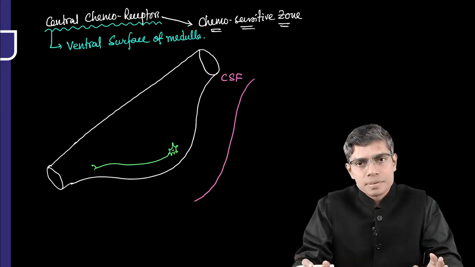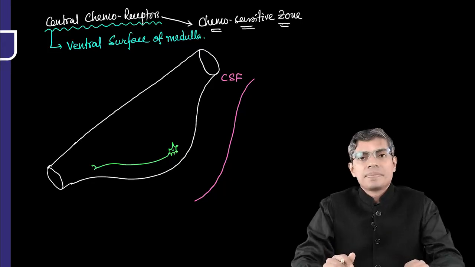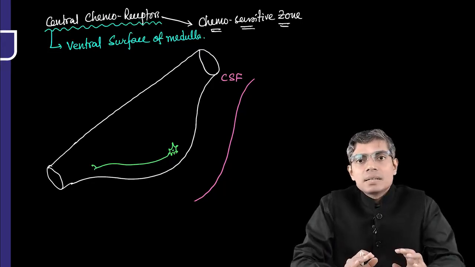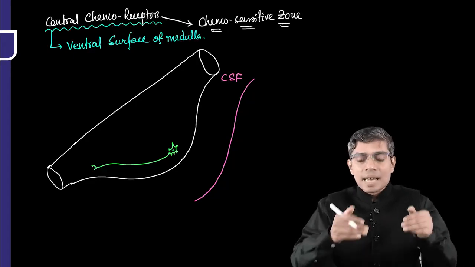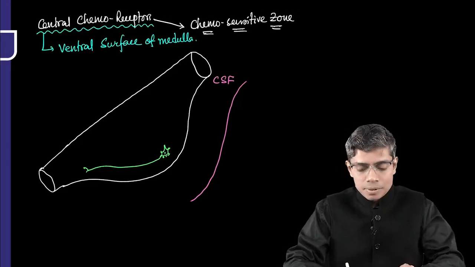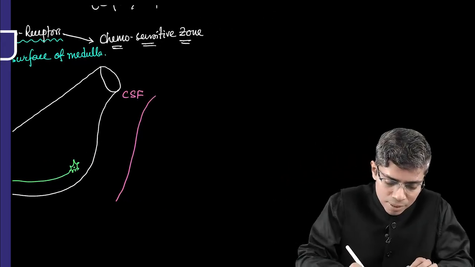There are certain neurons, but these neurons cannot detect hypoxia, right? So if I ask you, which chemical can activate this central chemoreceptor? Very important. Never forget this.